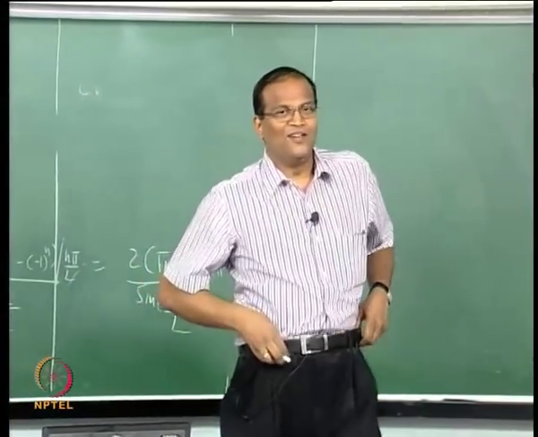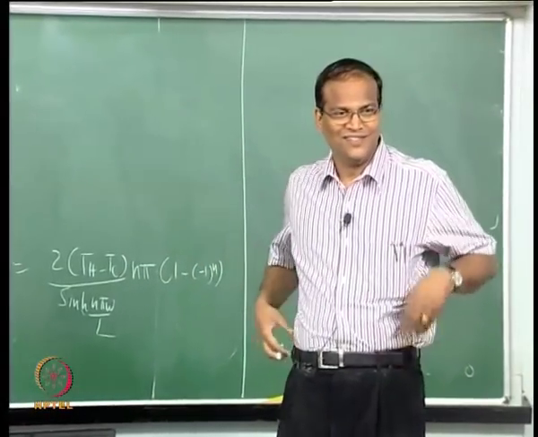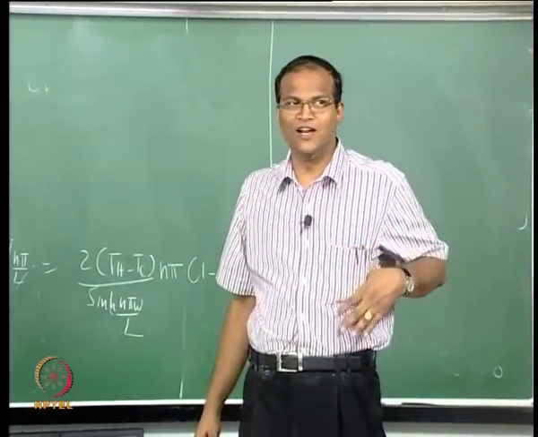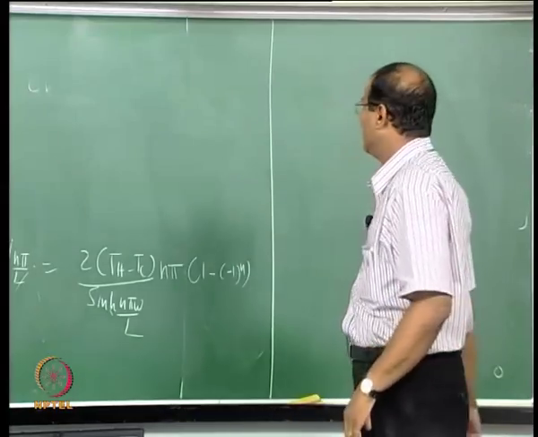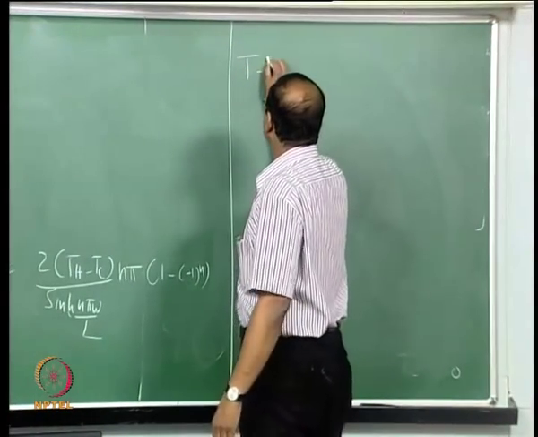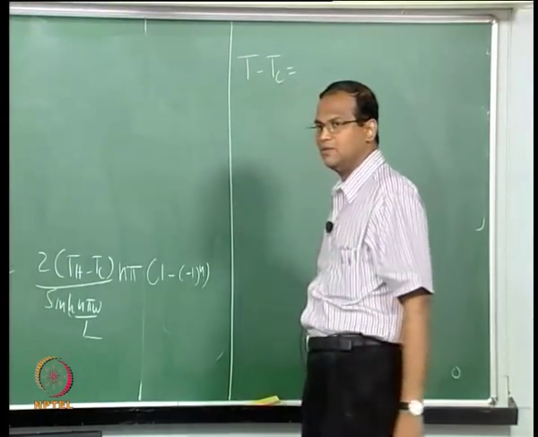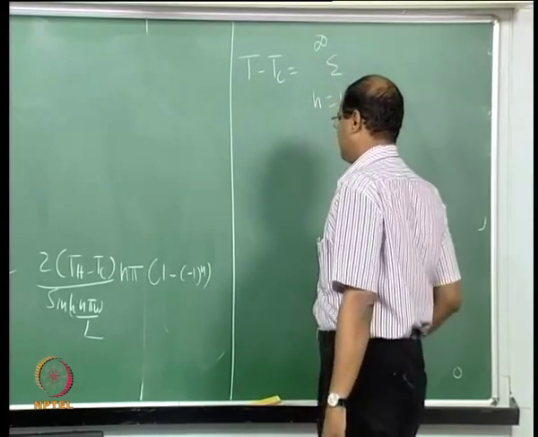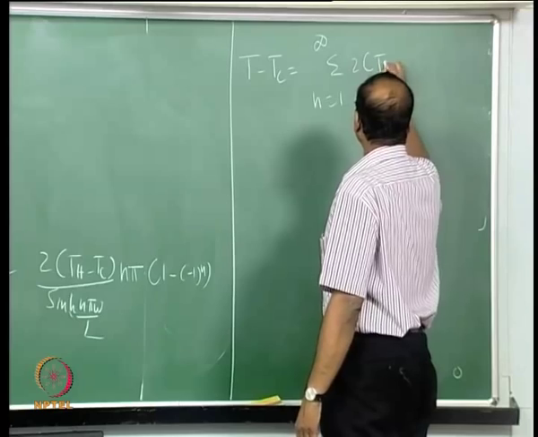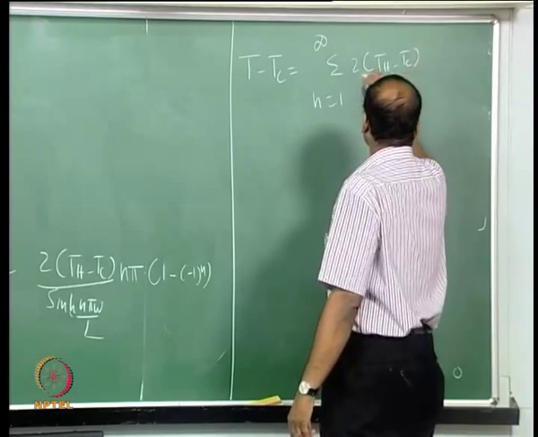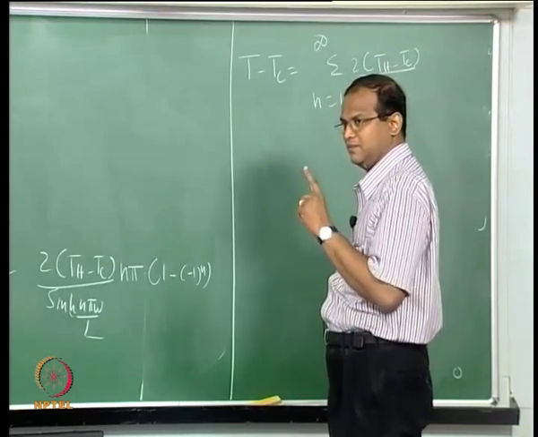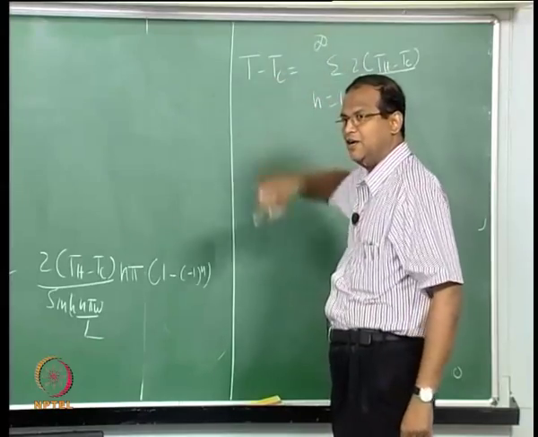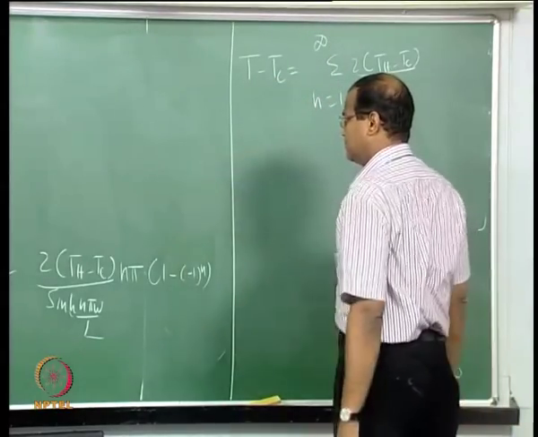Okay, all this story is to get E of n. Now substitute your E of n into the original solution and therefore T minus Tc is equal to... I am substituting into that solution 18, okay.